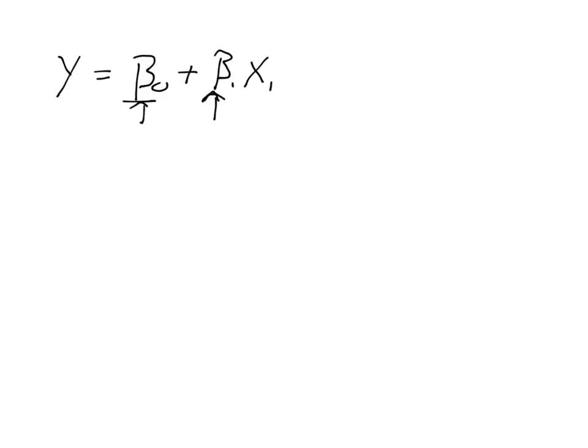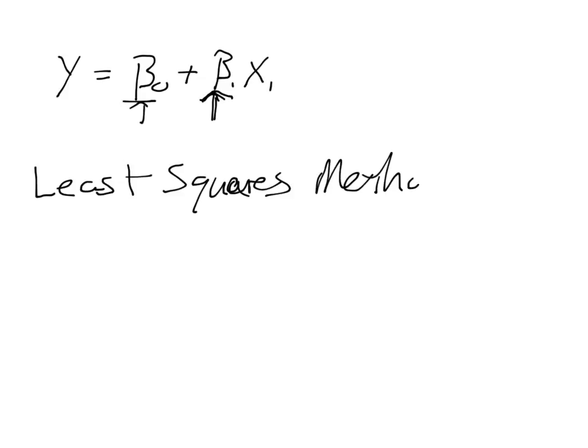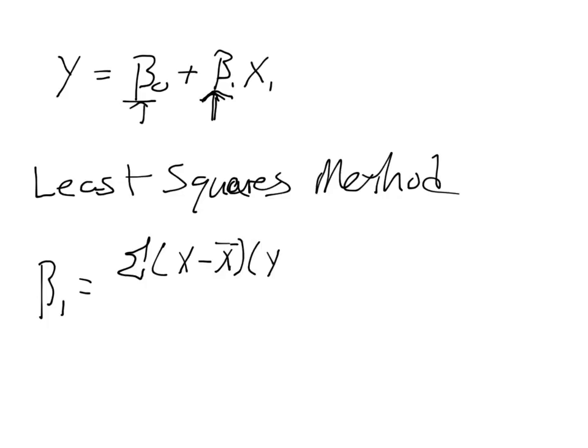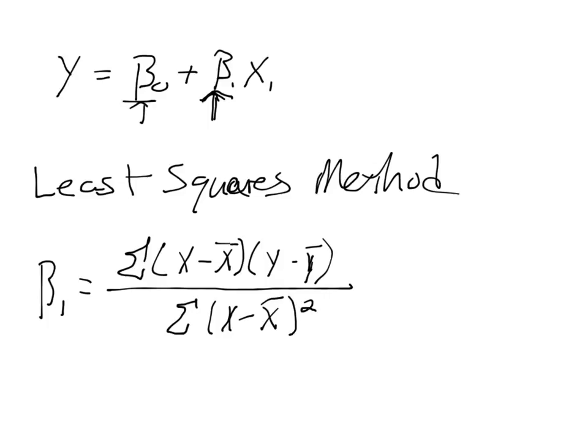The formula for this, and we are going to use the least squares method, for our beta 1 is the sum of x minus x bar multiplied by y minus y bar, over the sum of x minus x bar squared.